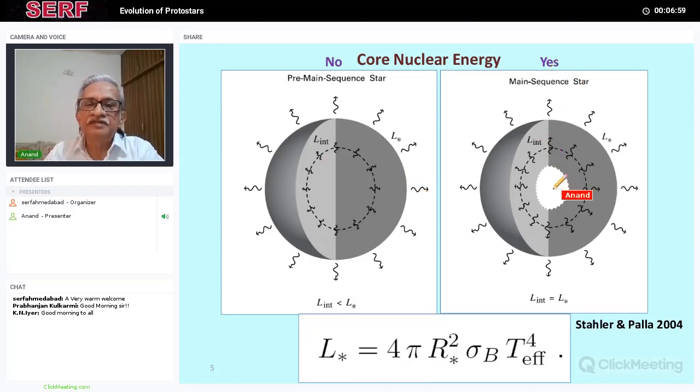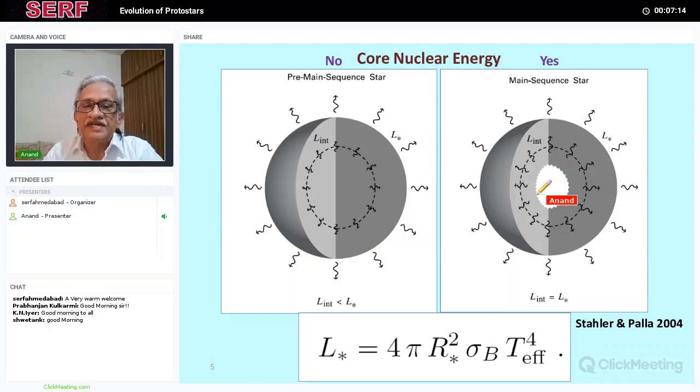Whereas if you actually reach a star in which the nuclear energy is now available, because the temperatures have risen to 10 to the power of 7 degrees and so on, then there is an equilibrium, and therefore the luminosity now goes as L star is equal to 4 pi r star square.